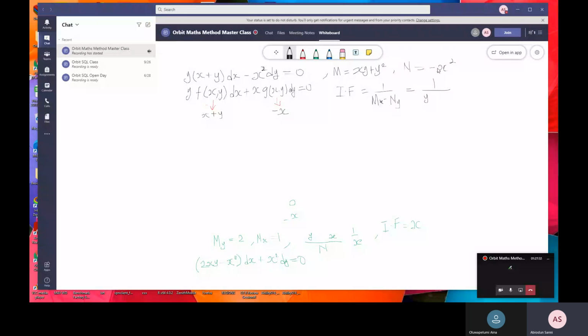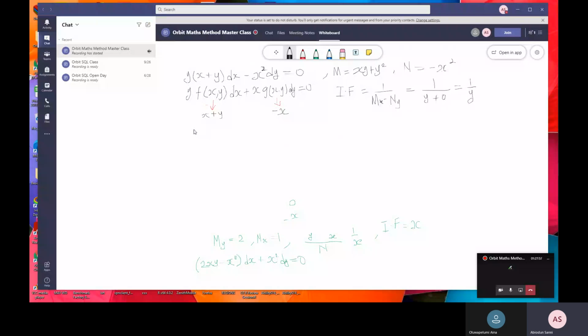If I differentiate this with respect to y, what do I have? I have 0, right? Plus 0. So it means my integrating factor is 1 over y. For me to make this exact, I'll multiply all through by 1 over y.